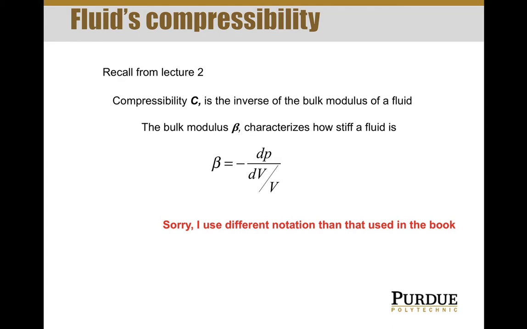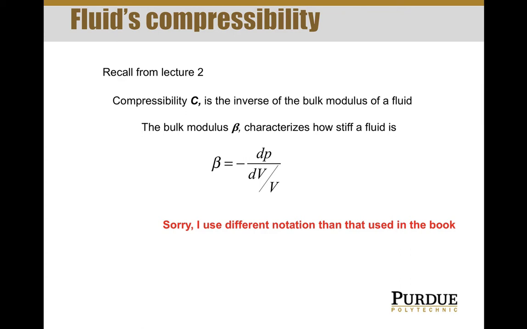And so if you remember from lecture 2, we defined the bulk modulus as the change in pressure with respect to the change in volume, which is compressibility. And then that's 1 over the volume, which means per amount of fluid, per volume.